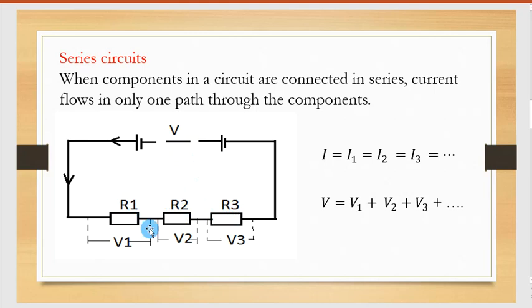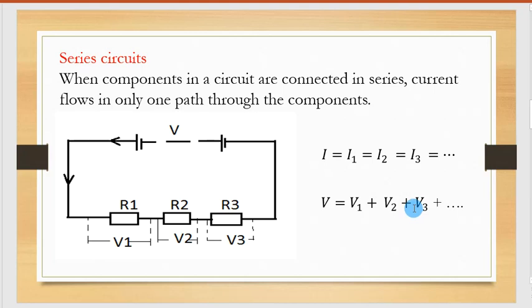So that is how the EMF, or total voltage provided by the battery, is related to the individual potential differences of each component in a circuit when they are connected in series.